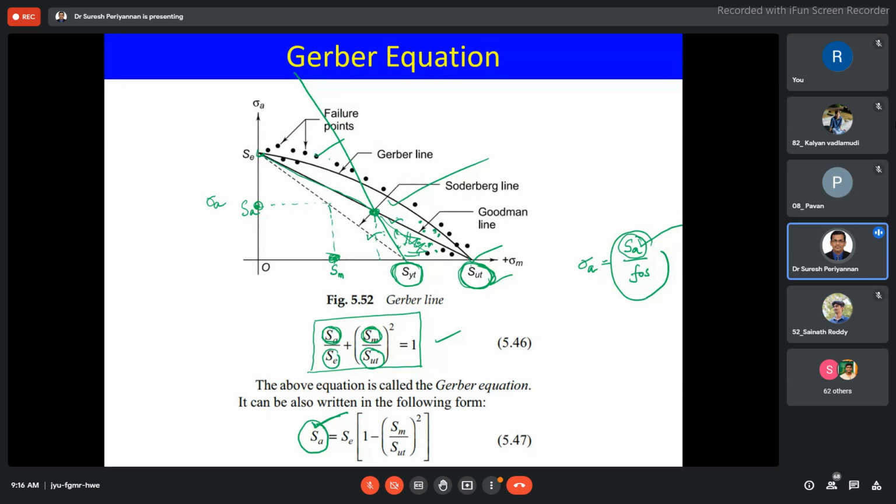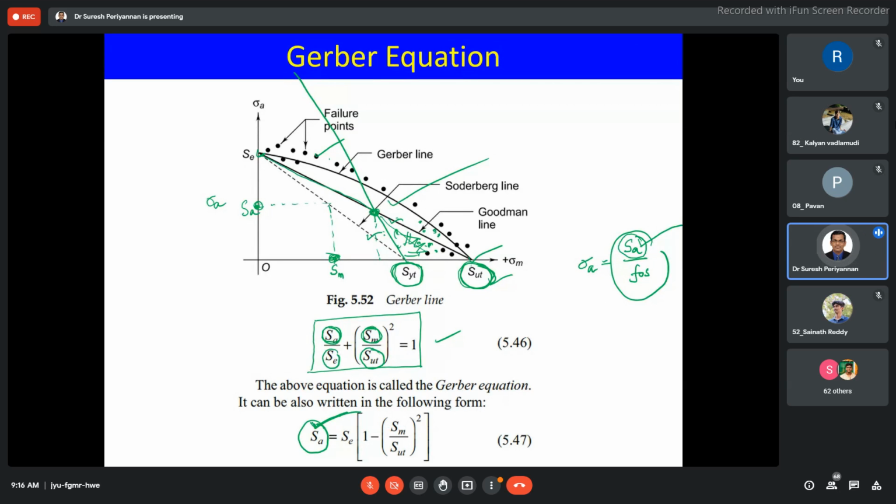One more time I repeat here. When we use Gerber theory, the stress amplitude will be more, so the dimension of the component we are defining is also going to be more.